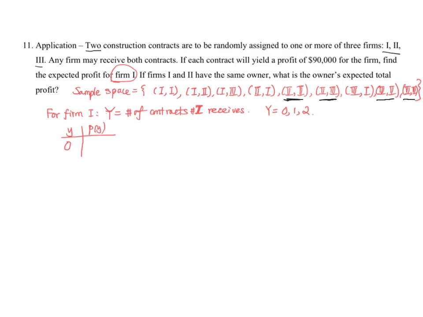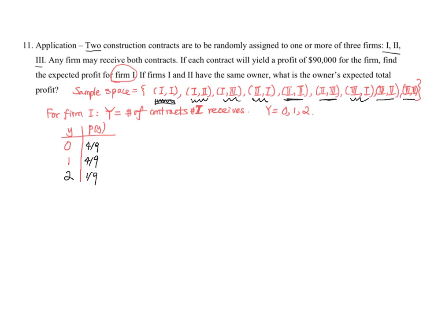Out of the total 9 possibilities, this is 4 out of 9. Similarly, receiving 1 contract, this will be the first one, second one, third one, fourth one, so 4 out of 9 again, right? Receiving 2, that's the only possibility right here, so it's 1 out of 9.